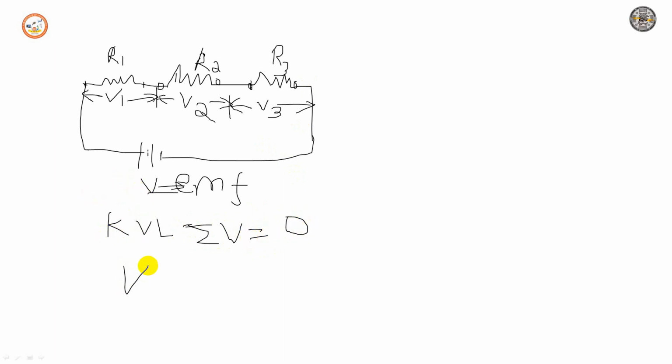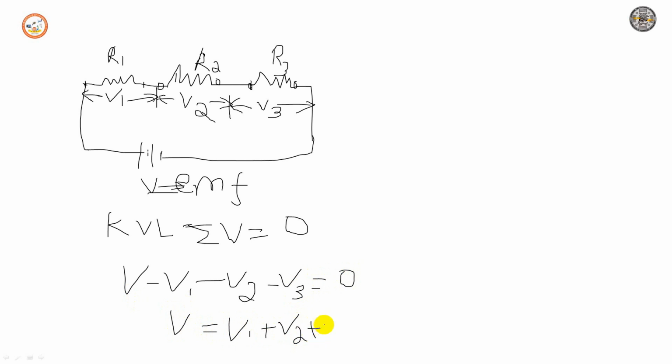That means V minus V1 minus V2 minus V3 is equal to 0. In other words, the applied voltage is equal to the sum of the voltages across all three resistances: across R1 we have V1, across R2 we have V2, and across R3 we have V3.